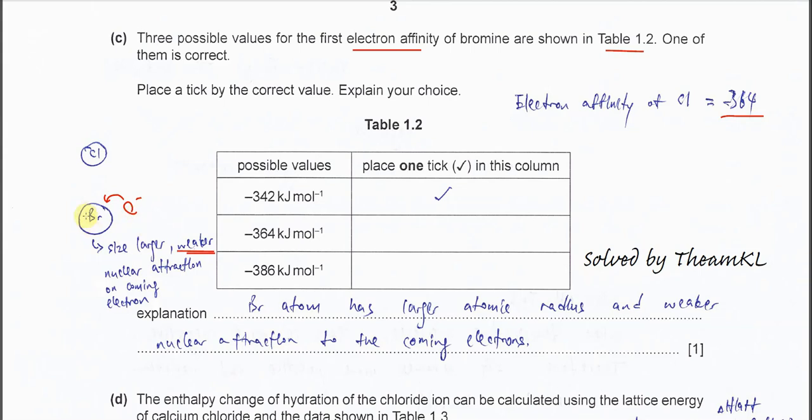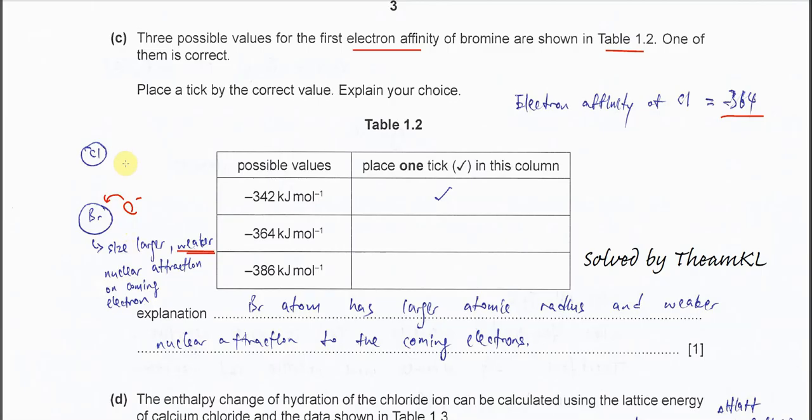So we know that the size of bromine is larger, the nuclear attraction is weaker due to the shielding effect. Therefore, the ability to gain the incoming electrons is weaker, and the energy released is lesser because the bond is weaker.